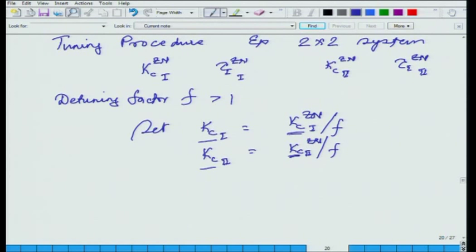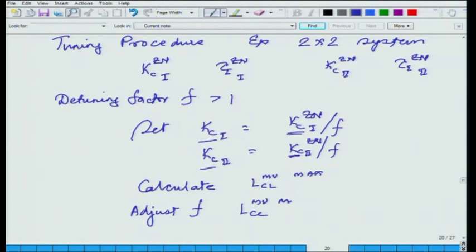All right. So, once I have detuned, because now I know my tuning parameters, I calculate the LCL multivariable max, and adjust the detuning factor F such that LCL multivariable max is equal to, for a 2 by 2 system, 4 dB.